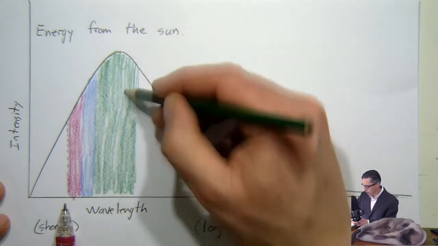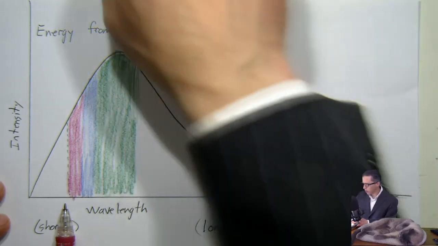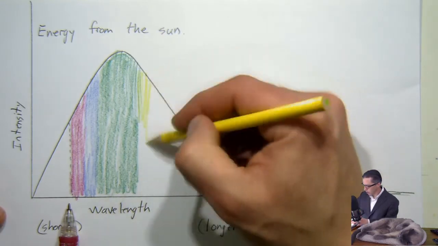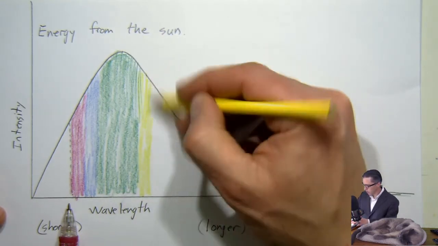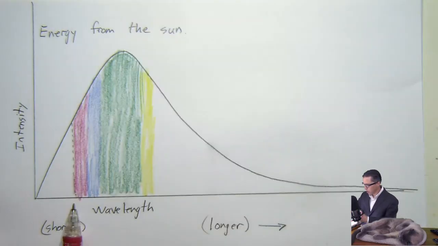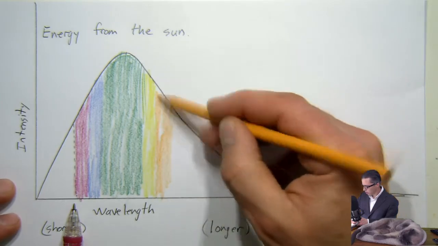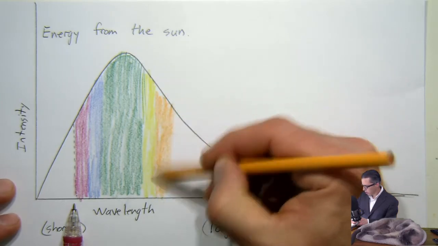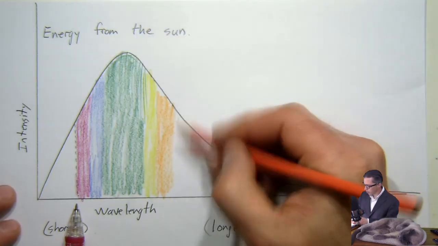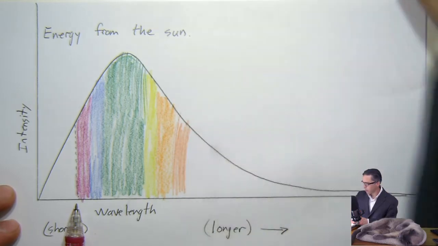As they get longer still, we start to get into the yellow, and then we get into some orange, which then turns more and more towards a red color.